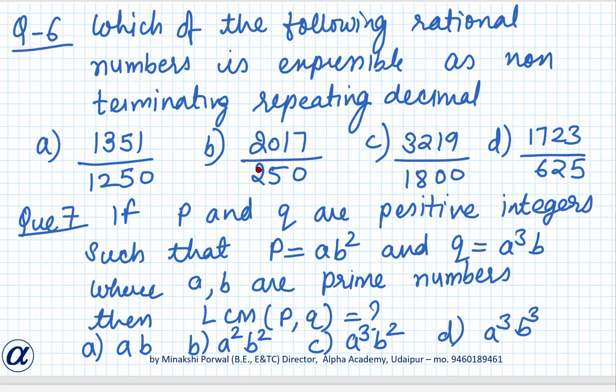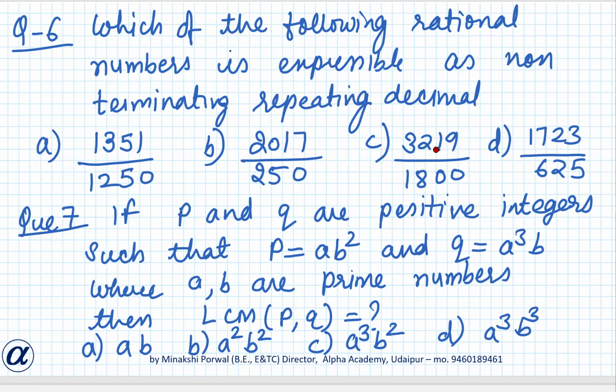Similarly, 2017 upon 250. Here 250 will have factors 2 and 5 only, and there is nothing which can be cancelled. So this is also a terminating decimal expansion. 1800, factors of 18 are 3 and 6. Okay. So here 3 will be a factor.